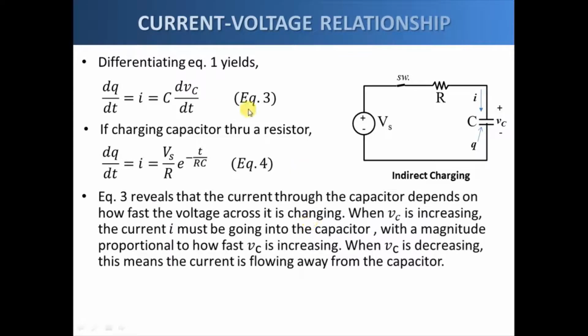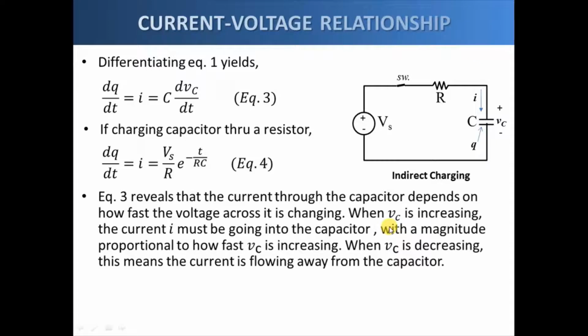Now this equation number 3 tells us several things. First, that the current through the capacitor depends on how fast the voltage is changing. So the higher the change of the voltage, the higher the current.